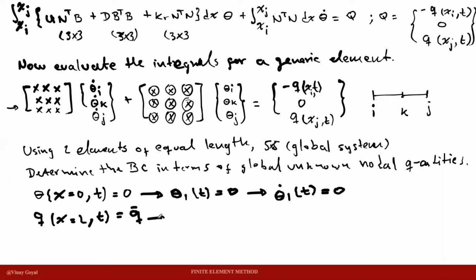Now, getting back to the natural boundary condition, if Q at x equals L for all time is equal to Q bar, it means in my global system that Q5 at t is equal to Q bar, right?